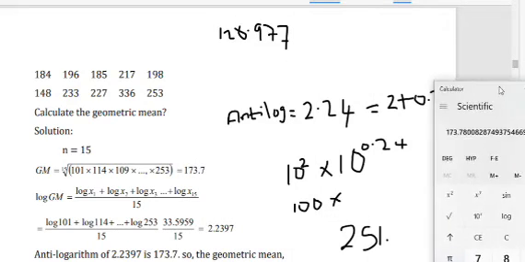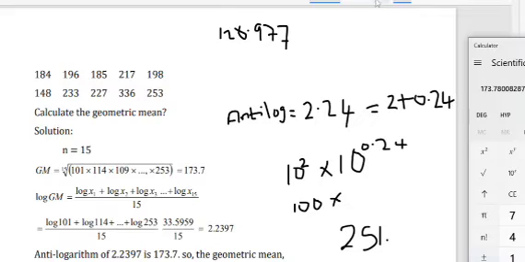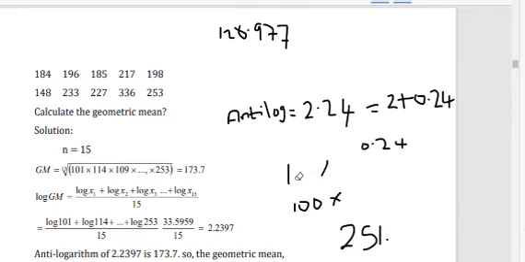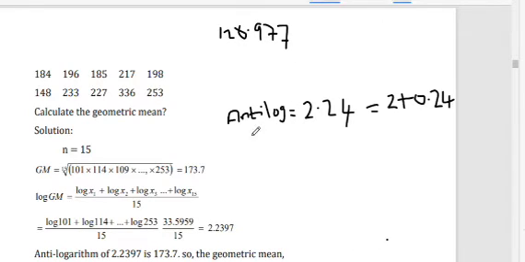That's the correct answer. So that's the anti-log. So this answer is correct here. So when you take the anti-log, that gives you 173.78. So these are the two methods that you can use to calculate the geometric mean.